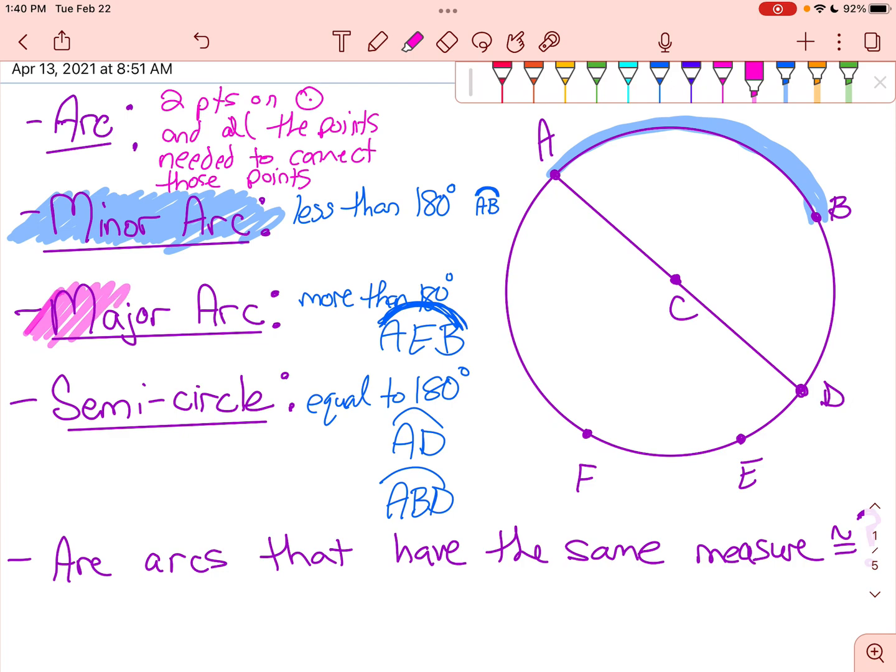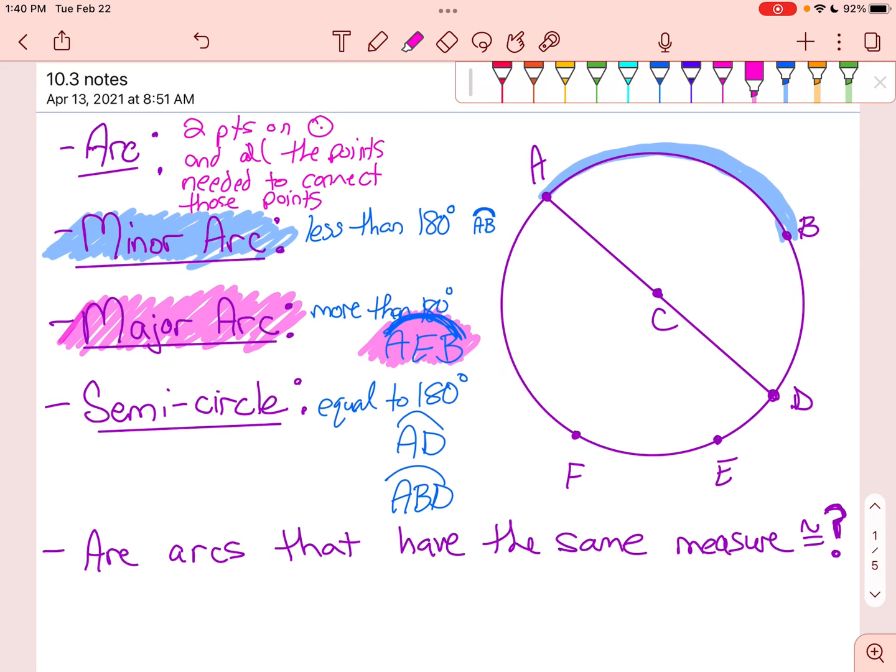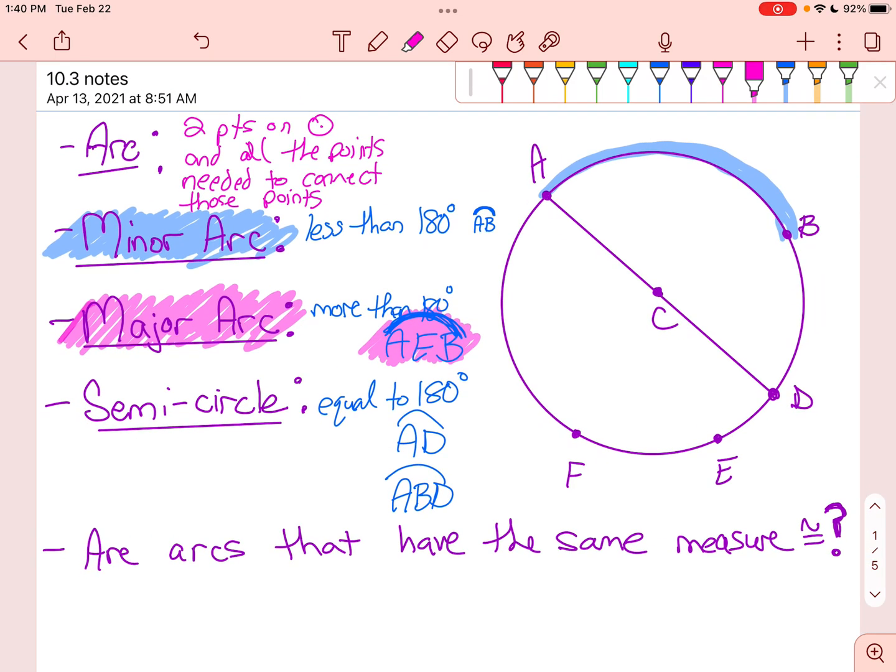Then we have a major arc. A major arc is an arc that's obviously more than 180 degrees. You are going to see it labeled with 3 letters, because if I just said AB, that's what we just did. So when they say AEB, again, from A going towards E and continuing to B, this would be considered a major arc, AEB.